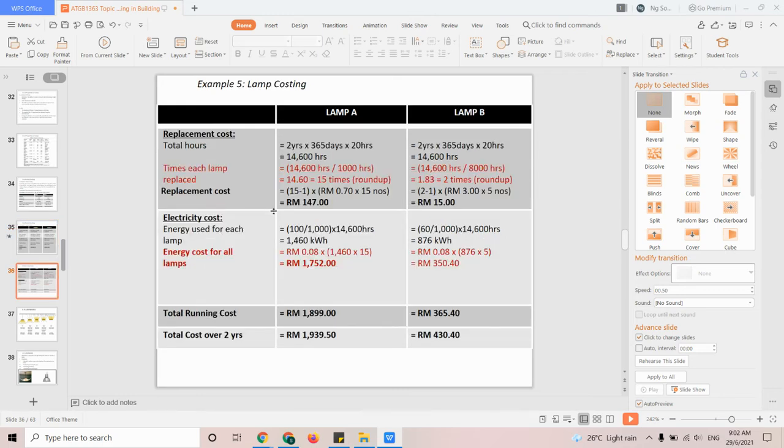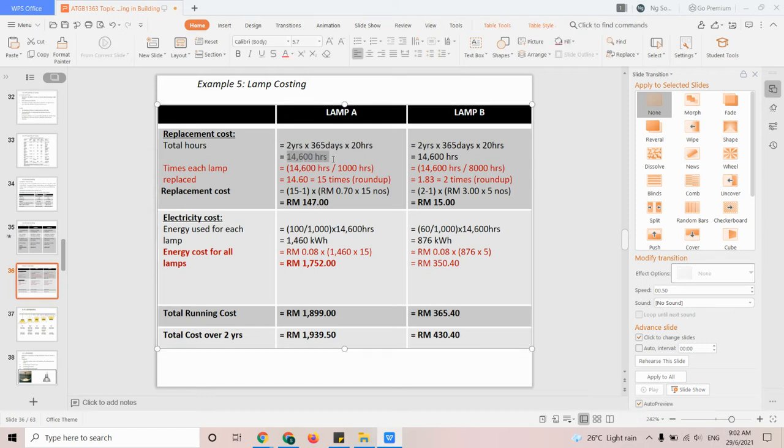Next, you want to find out over this period of 2 years, which is 365 days each, and this light needs to operate for 20 hours a day, you'll find that over this period of time, this light needs to be on for 14,600 hours.